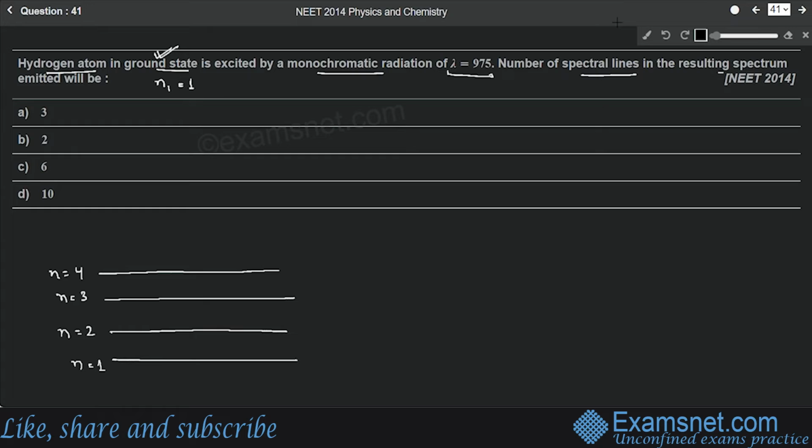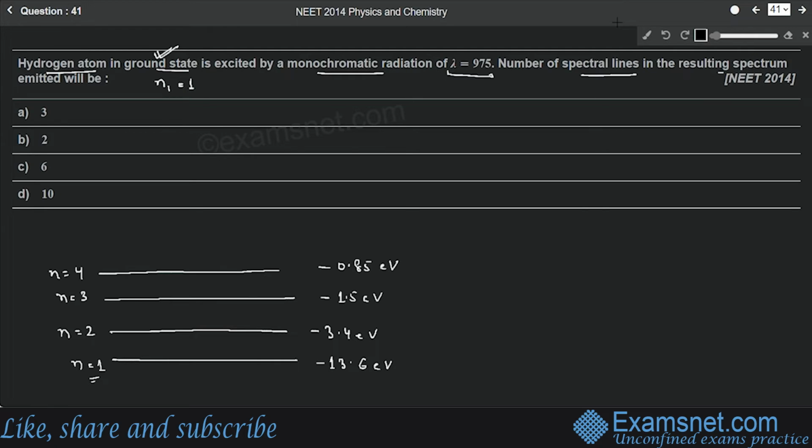Now the energies of these levels are different. For example, for the first level, that is n equals to 1, the energy is minus 13.6 electron volt. For the next level, the energy is minus 3.4 electron volt. For the third one, it is minus 1.5 electron volt, and for the fourth one, it is minus 0.85 electron volt.